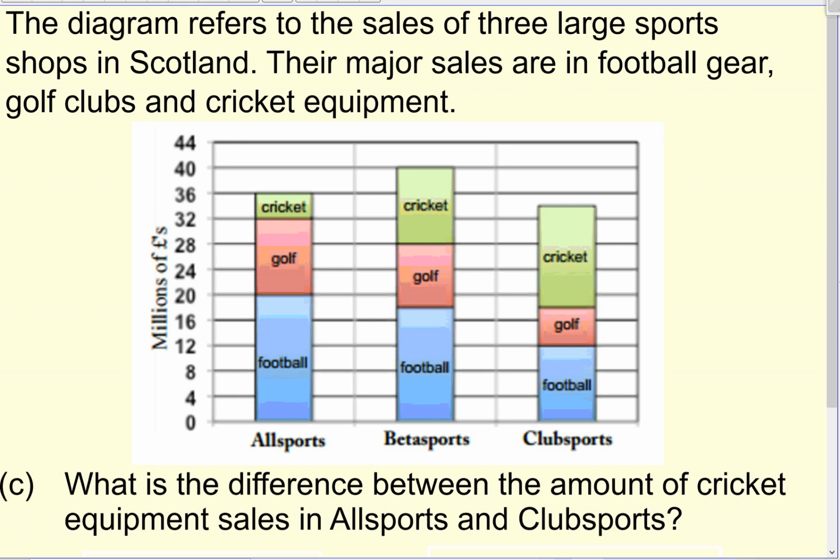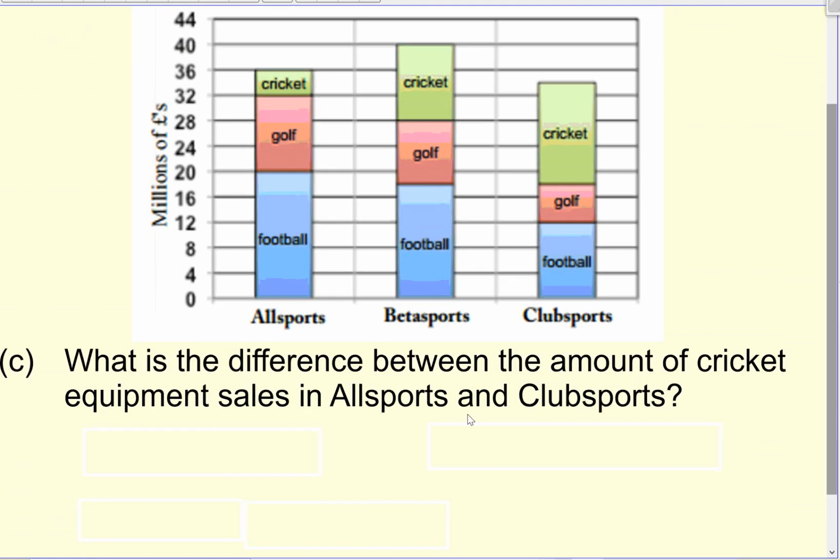Final question, what is the difference between the amount of cricket equipment in sales in All Sports and Club Sports? So we need to know what the cricket sales were in All Sports first. In All Sports, you can see that it starts at £2 million and goes up to £6 million, which is £4 million.